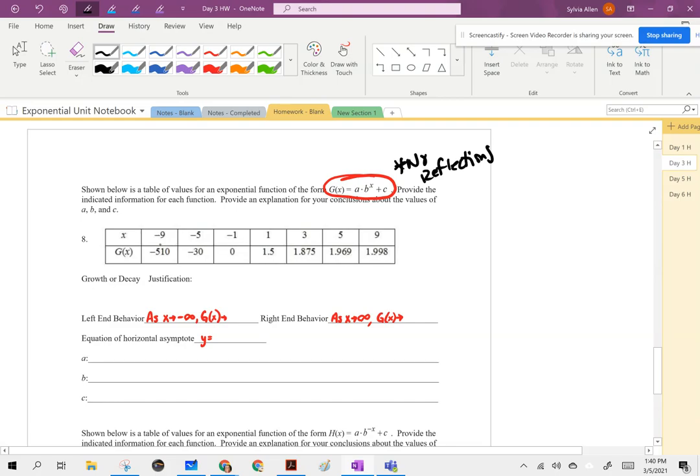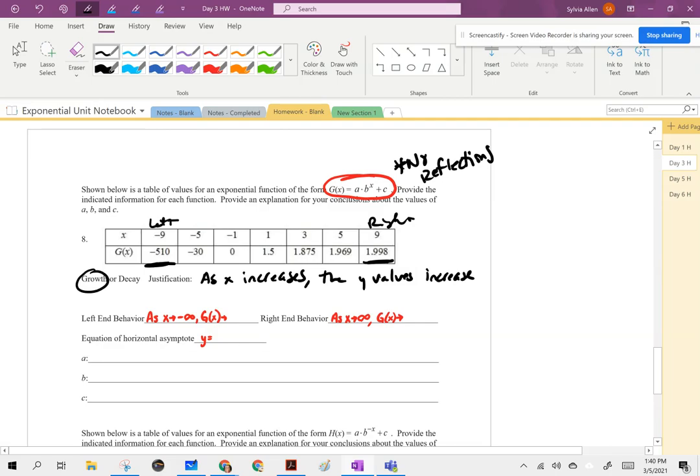So if it's growth or decay, we start looking at the left to the right. We were going from -510 to about 2. So that means it's going to be a growth because as x increases, the y values increase.